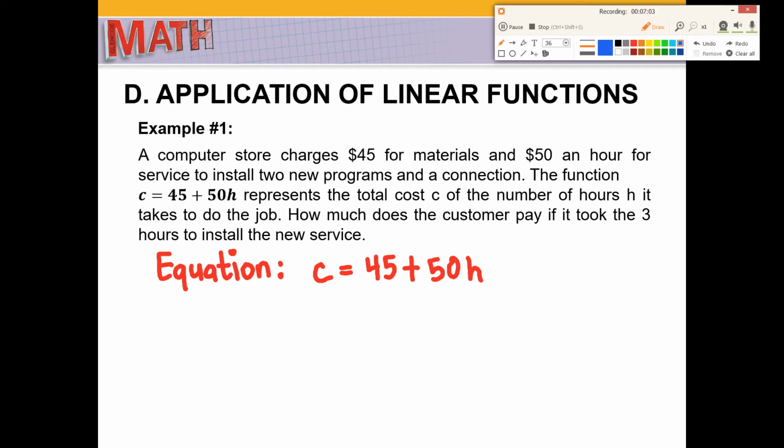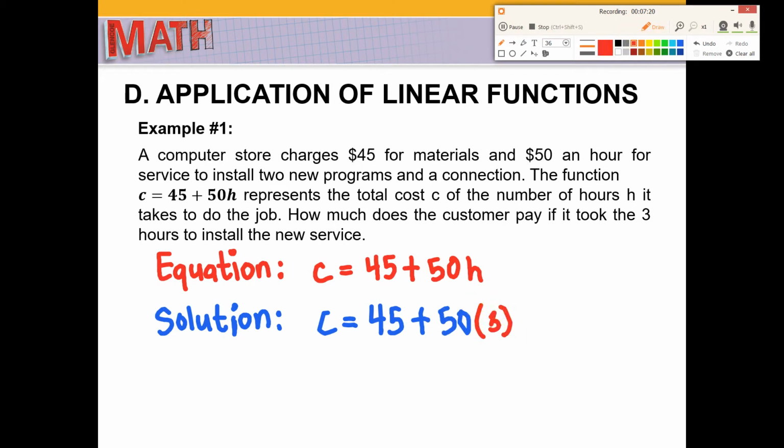Okay, let's do that now. We have our solution to be C is equal to 45 plus 50h. Then again, I will exchange H with 3. When I simplify this, I will have 45 plus 50 times 3 will be 150.